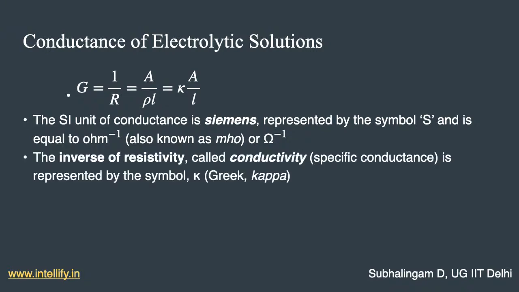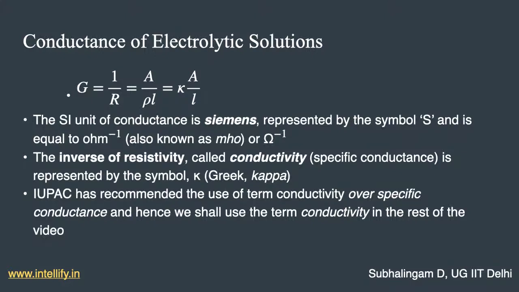Just like inverse of resistance is called conductance, the inverse of resistivity is called conductivity or specific conductance, and it is represented by the symbol kappa, which is again a Greek letter. And IUPAC has recommended the use of conductivity over specific conductance, and hence we shall use the term conductivity in the rest of the video.